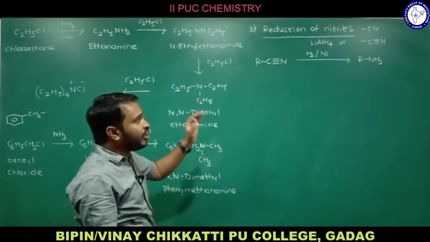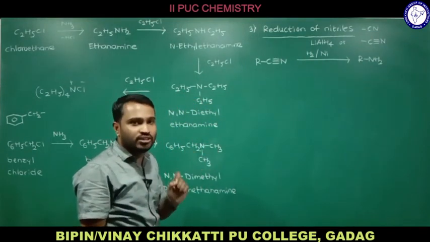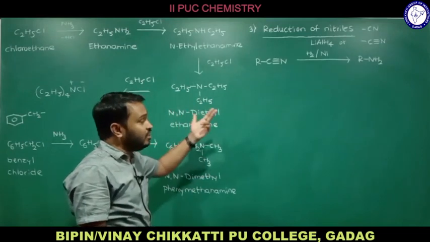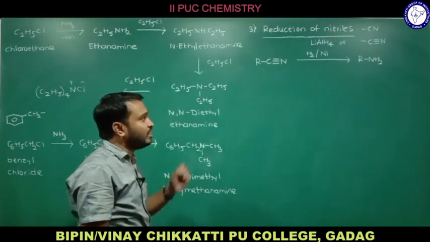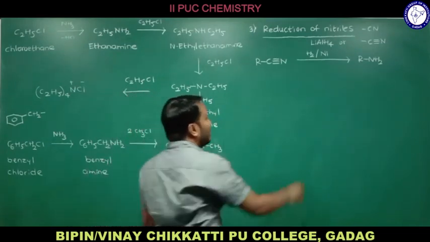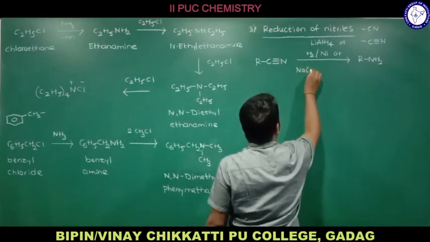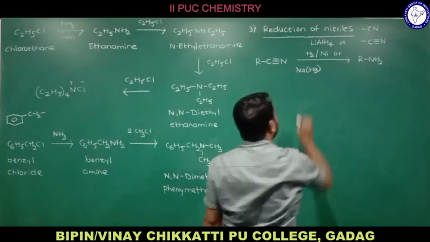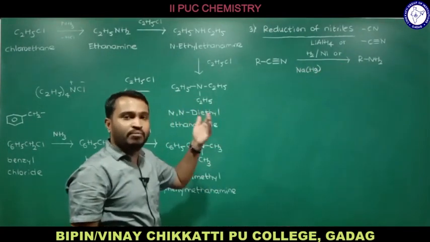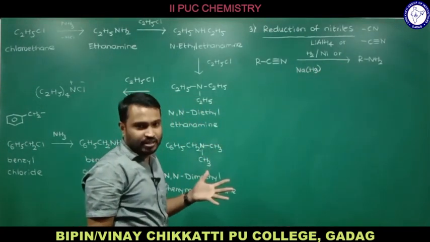The addition of hydrogen is nothing but the hydrogenation reaction, so that the reduction takes place. And we have one more method: here I can consider Na(Hg), that is termed sodium amalgam, that is an alloy.